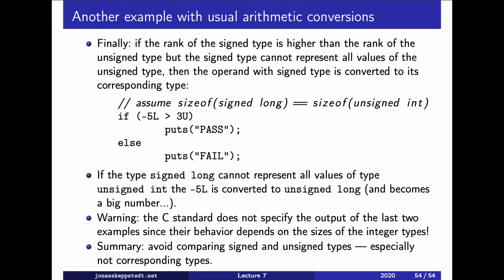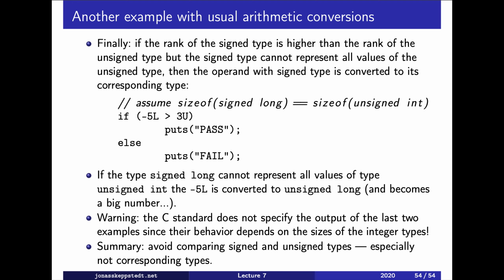Okay. If instead the signed type cannot represent all of the unsigned type's values, then the signed operand is converted to its corresponding unsigned type.